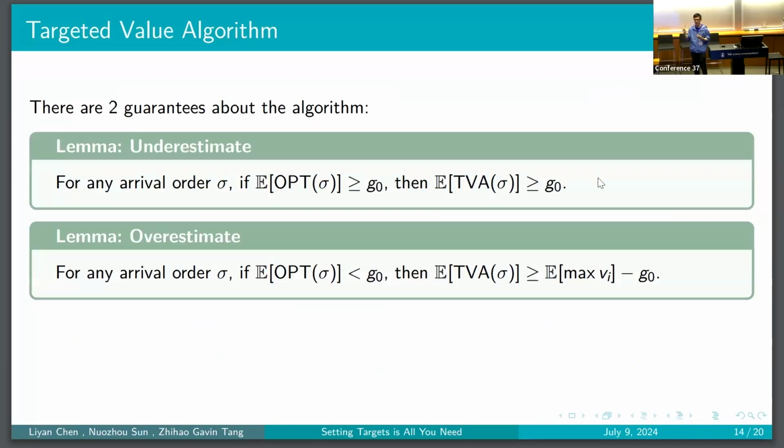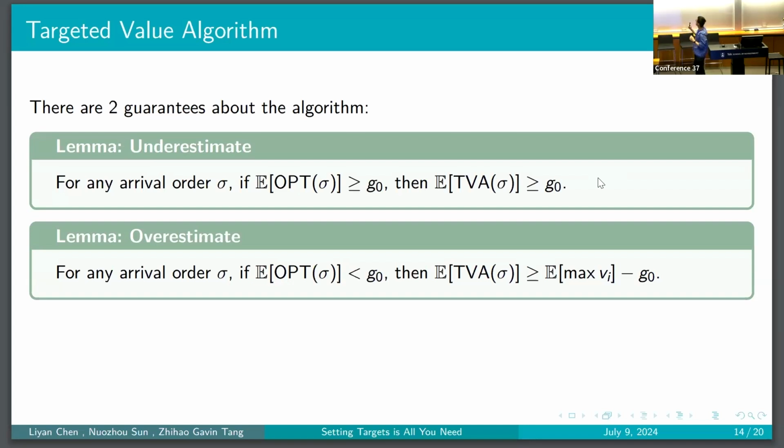And there are some claims about our algorithms to prove the order competitive ratio. The first claim is about the underestimate case. It says that for an arrival order, if the optimal algorithm can achieve more than G0, then our algorithm can also achieve more than G0.